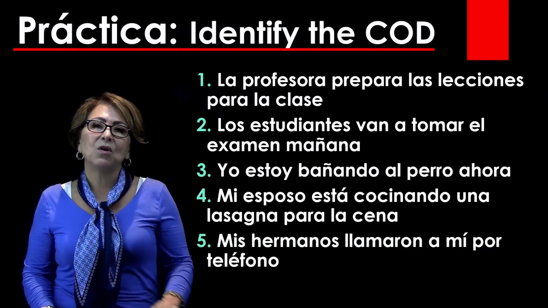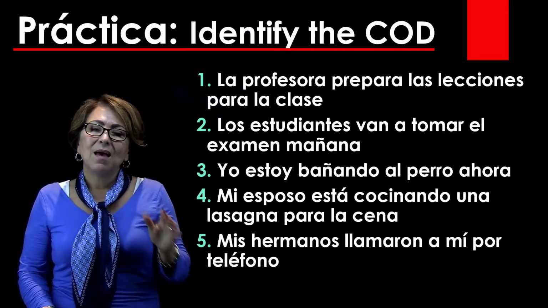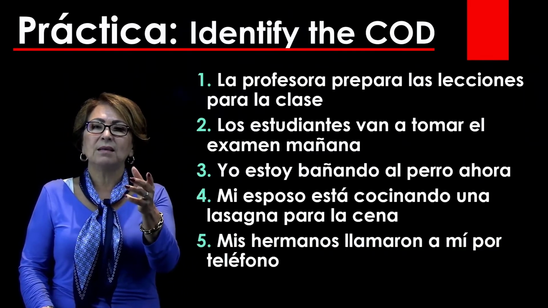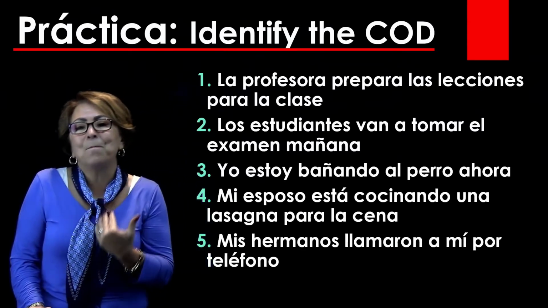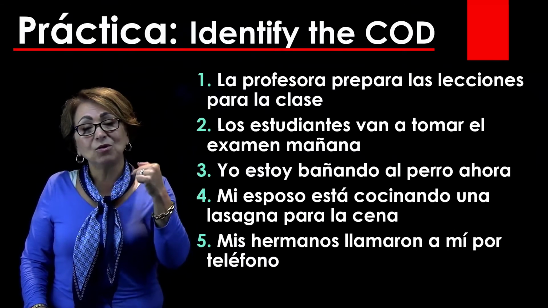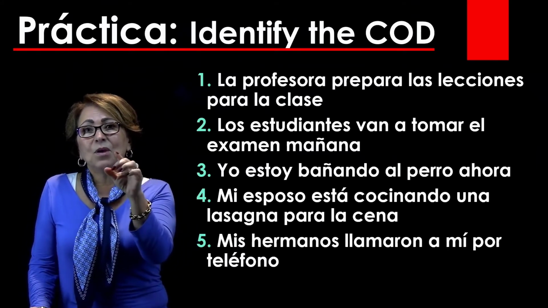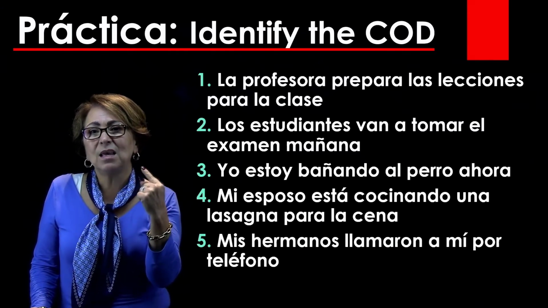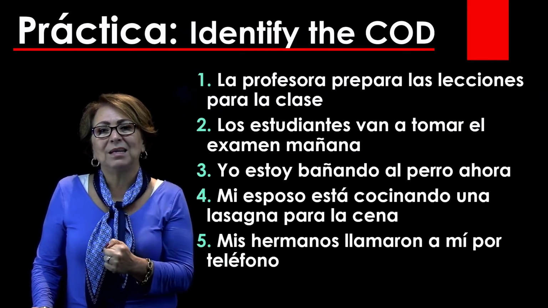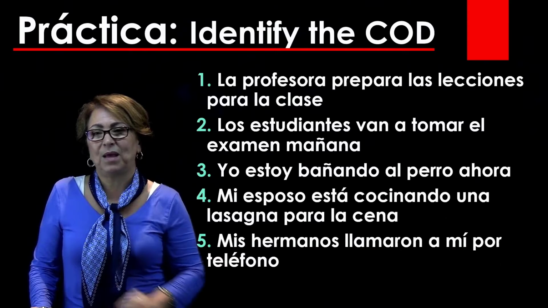And the same scenario is for number 5, which is not the way we say it in Spanish. I don't say me llamaron, llamaron a mí. I have to use the COD because this sentence is simply to make you see where the object is and how you need to replace it.